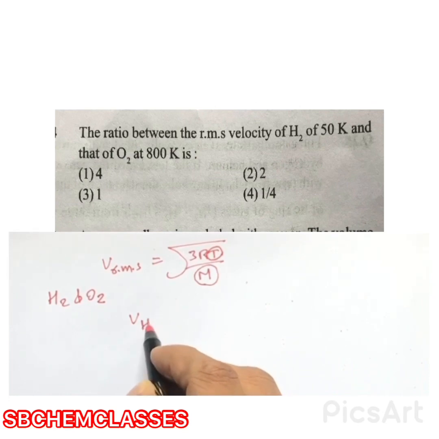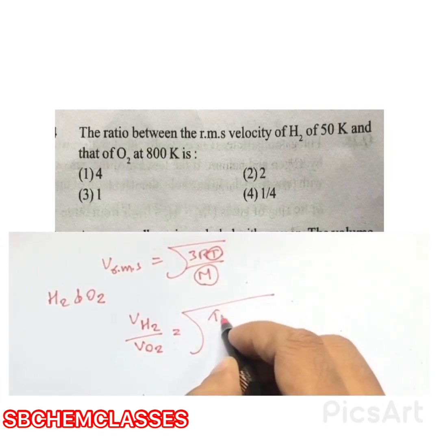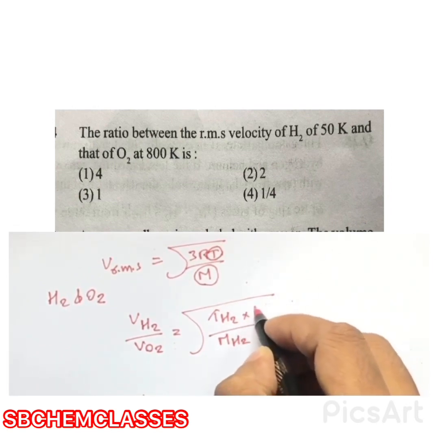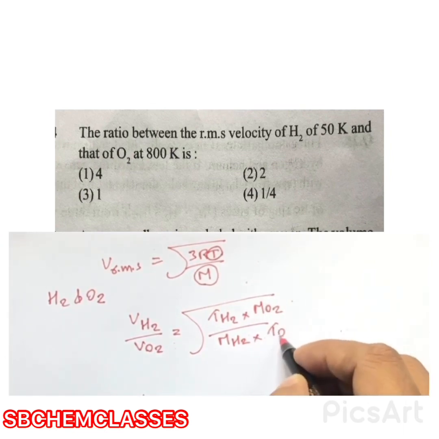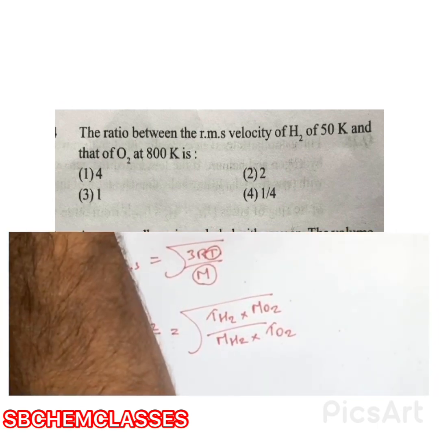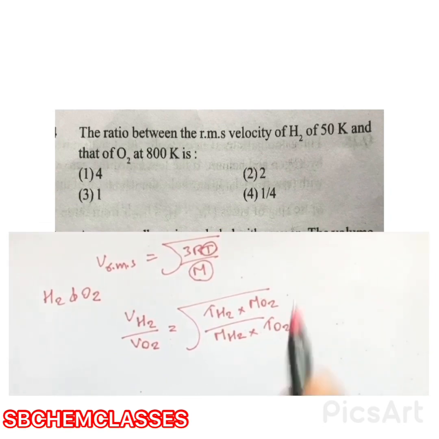RMS velocity of H2 by RMS velocity of O2 can be written as root of temperature of H2 by molar mass of H2, into molar mass of O2 by temperature of O2. Here, temperature of H2 is 50 Kelvin.